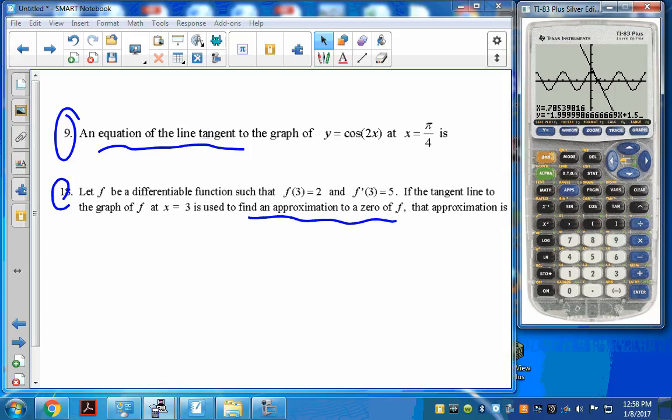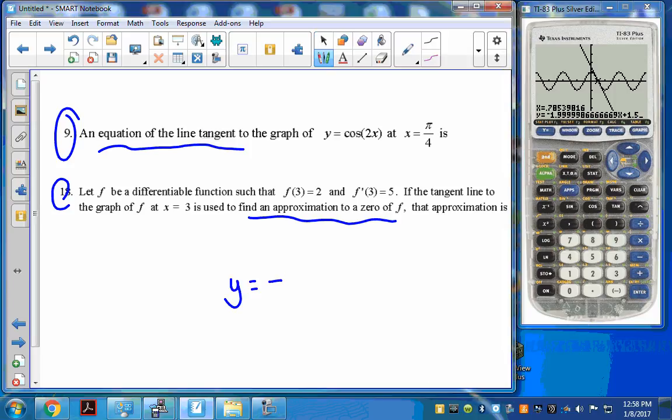At the bottom of the screen we see y is equal to -1.9999866666669x plus 1.5 and some change after that.